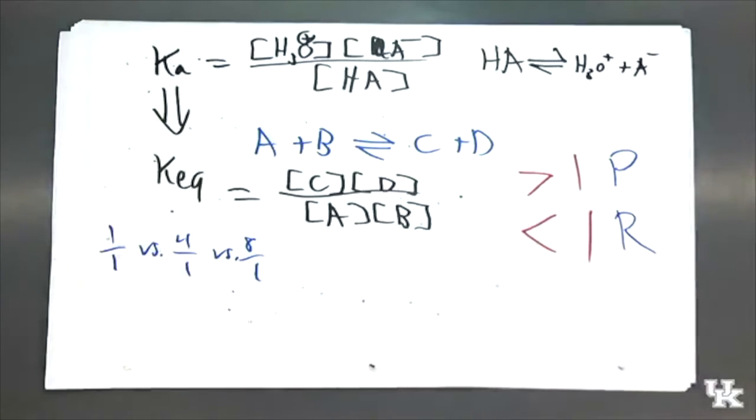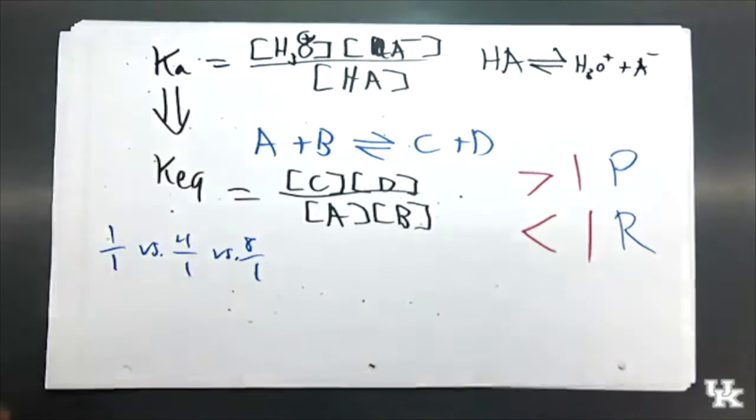Okay, so practically that's telling you in your reaction, as the concentration of products goes up, the equilibrium constant also goes up. Okay, does that make sense? It's a way to talk about what reactions are doing, no matter what reaction it is.